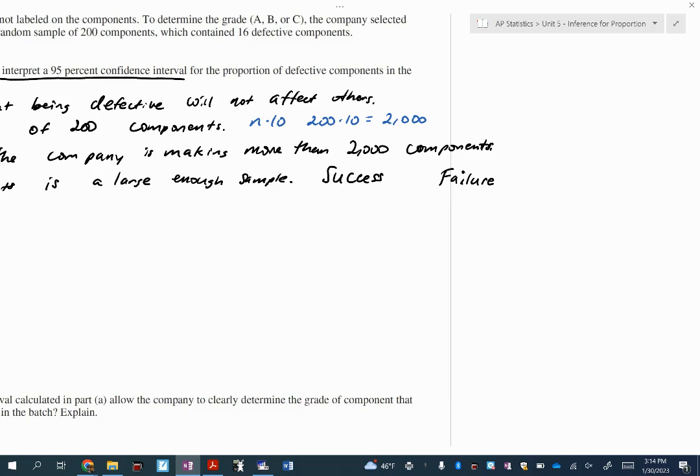How many successes? 16. I know it's weird to say because that's actually 16 defective components. All right? So if I subtract 16 from 200, I get how many failures? 184. And what do you notice about those two numbers? They're both 10 or more. So both greater than 10. So our sample size is large enough.